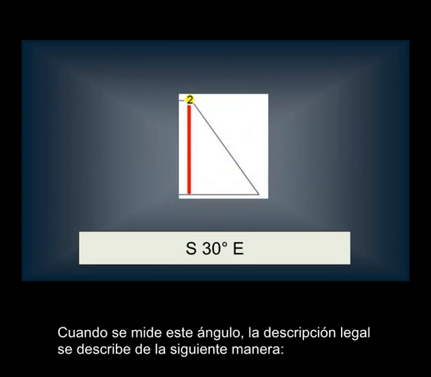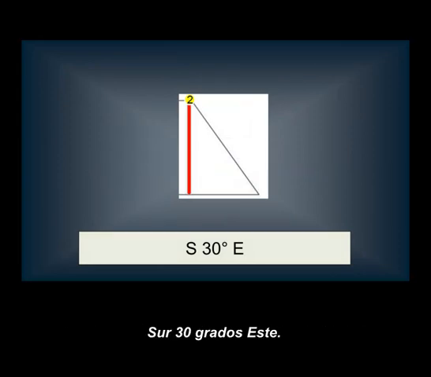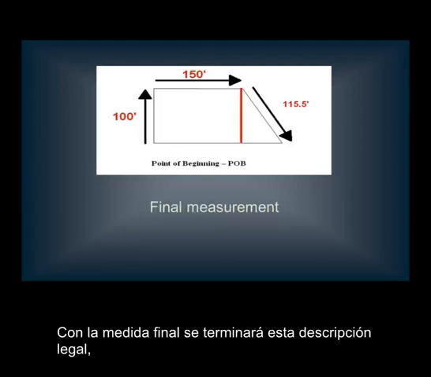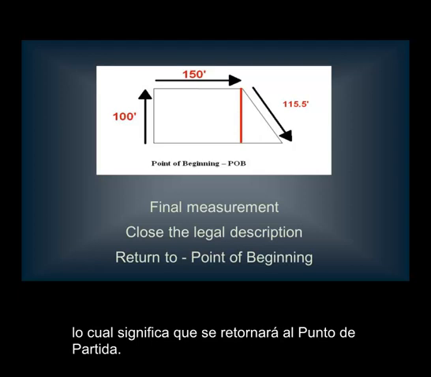When this angle is measured, the description would read south 30 degrees east. The distance is 115.5 feet.